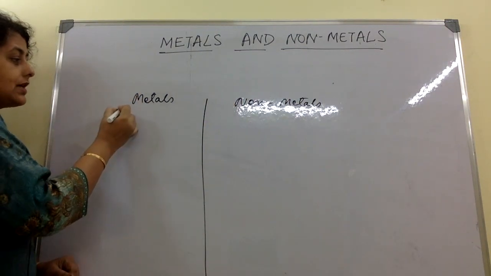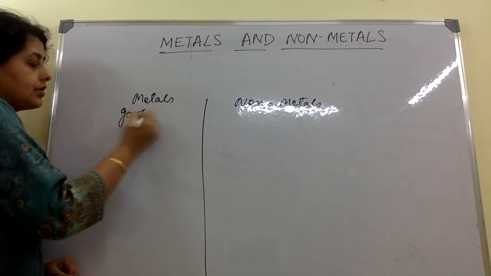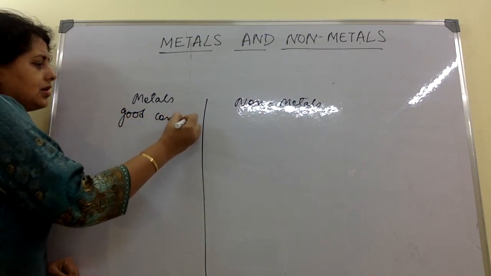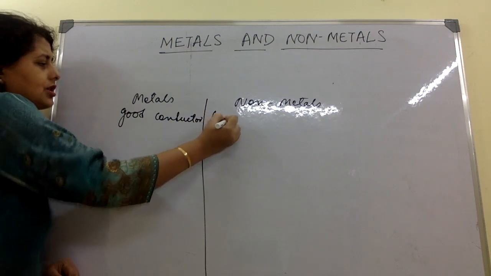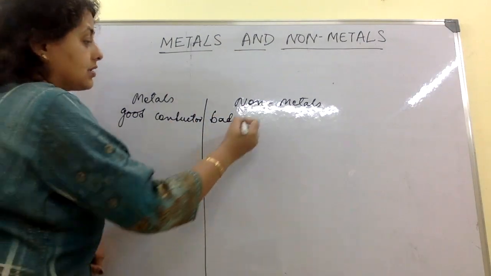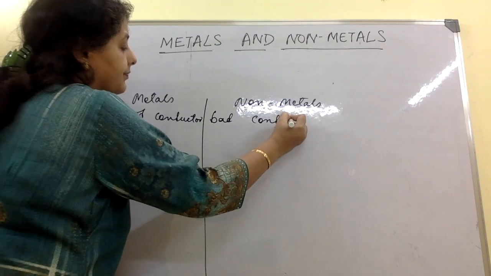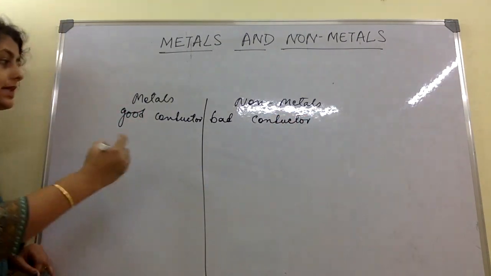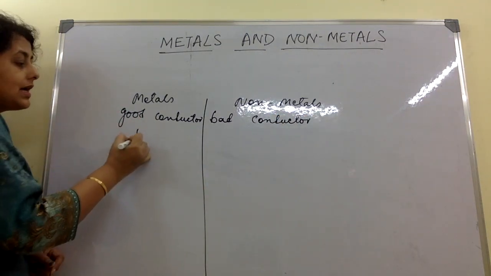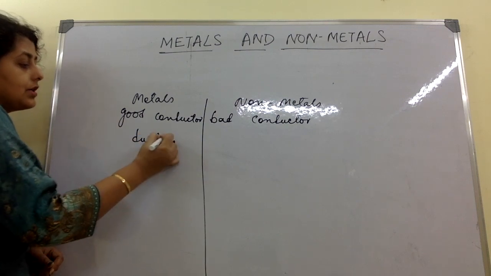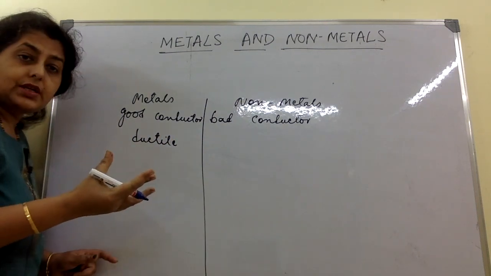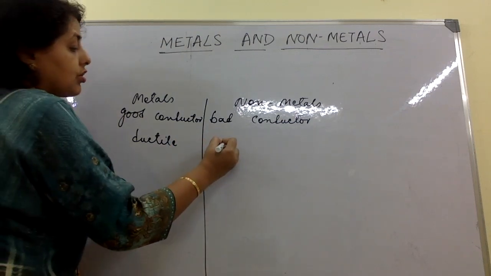Metals are good conductors not just of electricity but also of heat, and non-metals are bad conductors. The second point is ductile. Remember ductile? Ductile means metals can be easily made into wires, whereas non-metals are non-ductile.